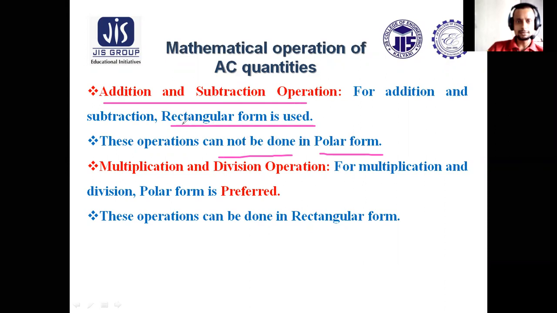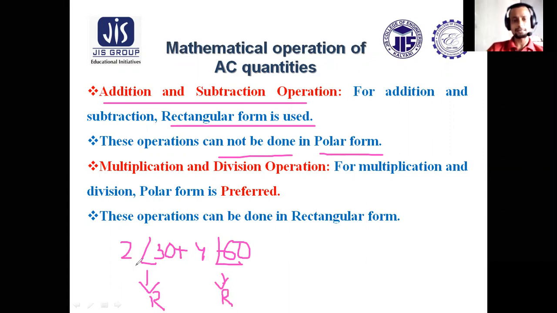So if two quantities are given in polar form, say 2 angle 30 plus 4 angle 60, to make this addition, as mentioned, in polar form addition cannot be performed. That is why we need to convert these two into rectangular form to make the addition.